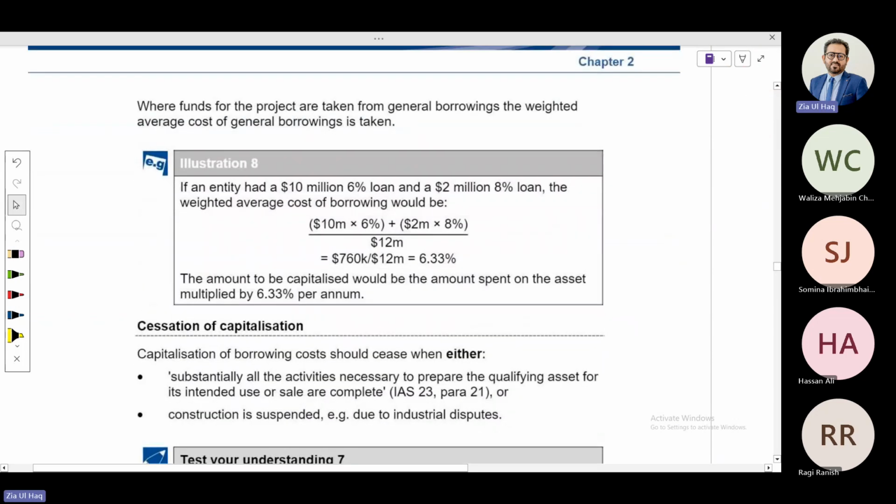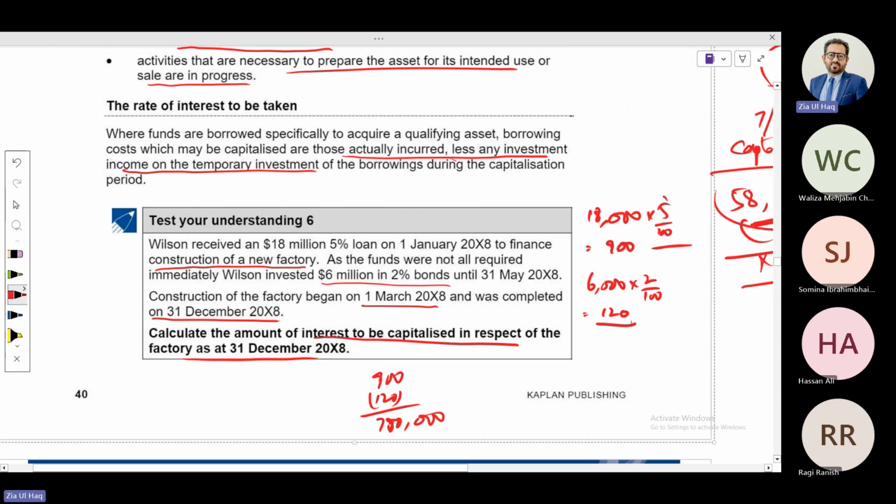Where funds for the project are taken from general borrowing, the weighted average cost of general borrowing is used. There may not be just one loan; there may be more than one. Here we applied a 5% interest, meaning the borrowing cost is 5%.